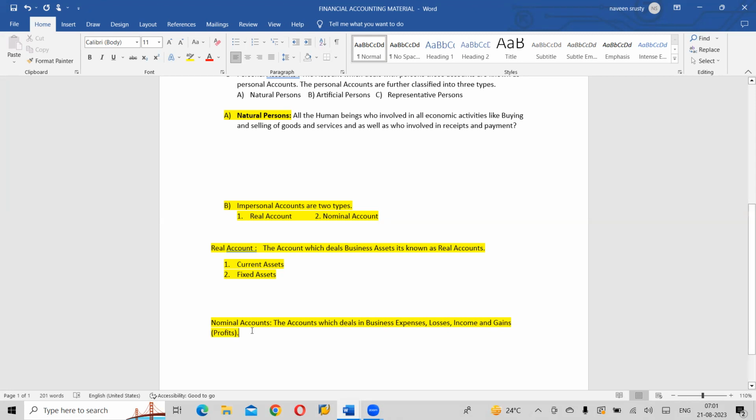Okay. The account which deals with, again, not personal expenses of the owner, but business expenses, business losses, business incomes, and business profits or gains. All those come under nominal accounts.